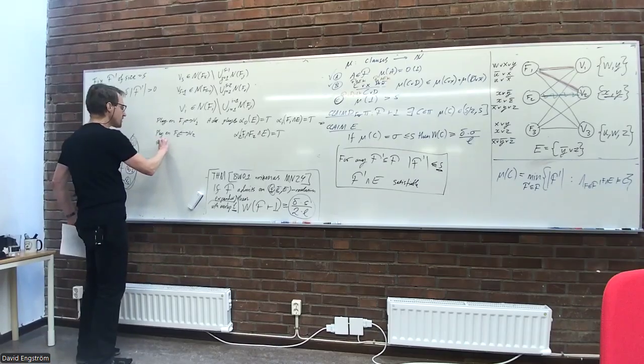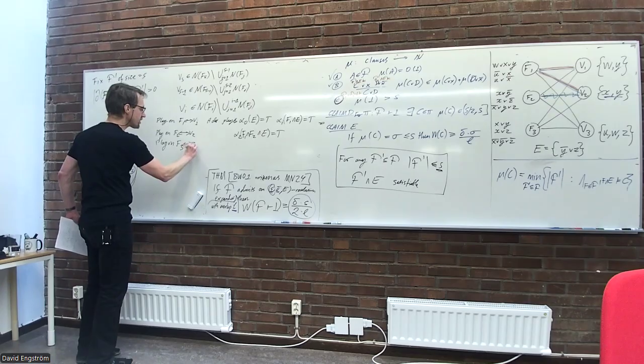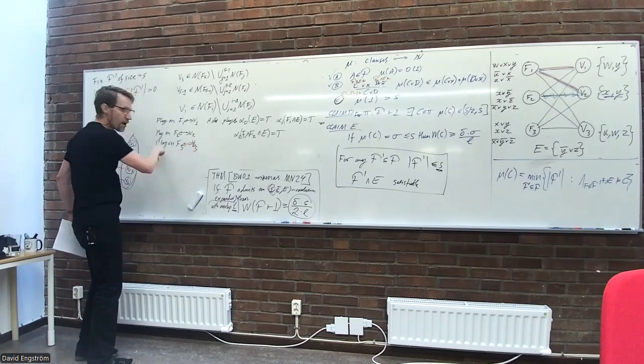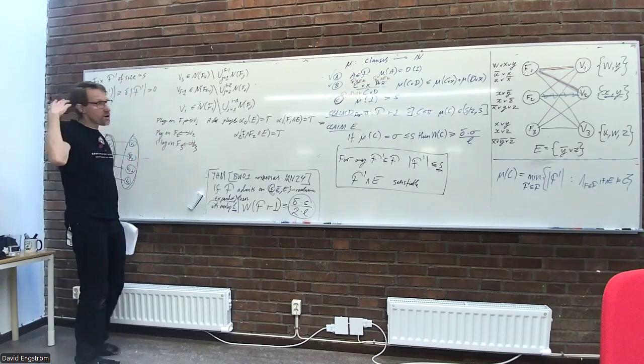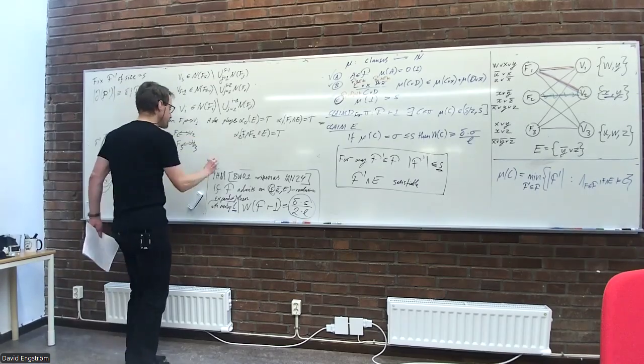Okay, and now you kind of see what we're going to do. We're going to play on F3, V3. With the satisfier, we think of the adversary as playing alpha 2.